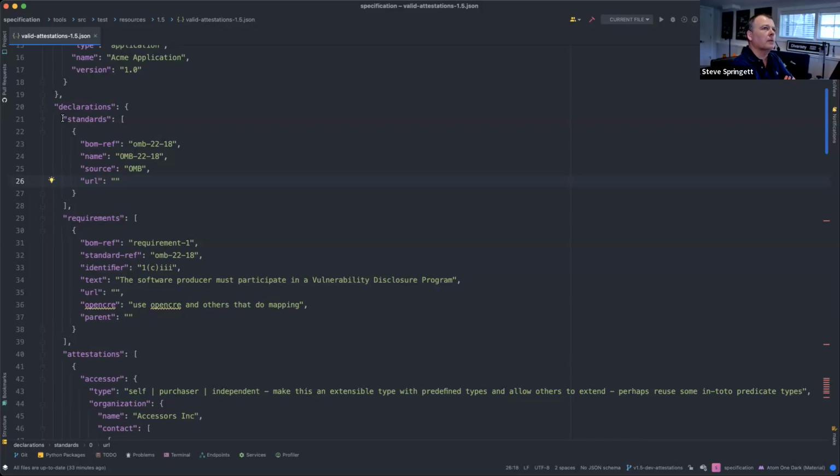So let me just say what we have in CycloneDX today. We have attestations as an external reference. We can very easily add standards or something like that as well. An external reference is basically a way that CycloneDX establishes relationships. There are 30 or more different types of relationships that we support.